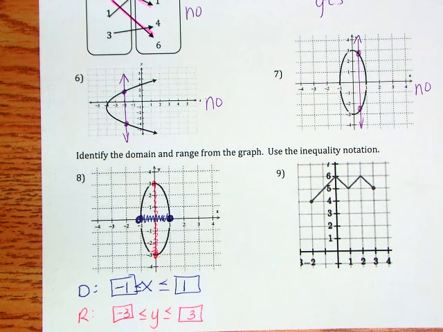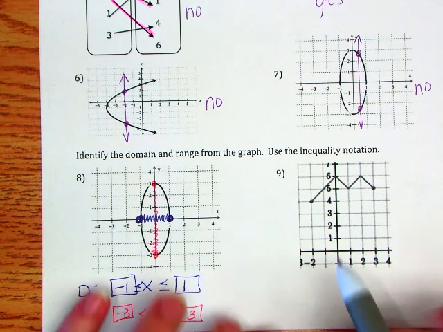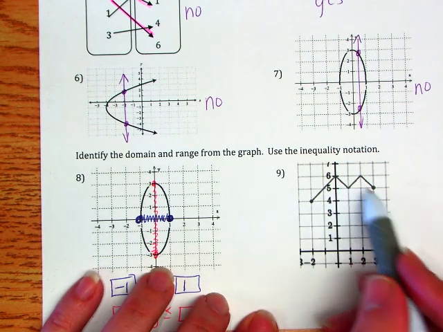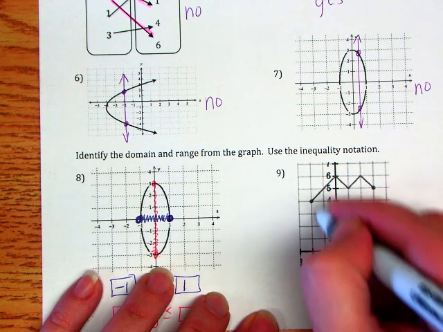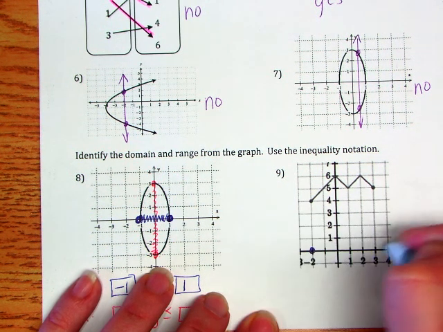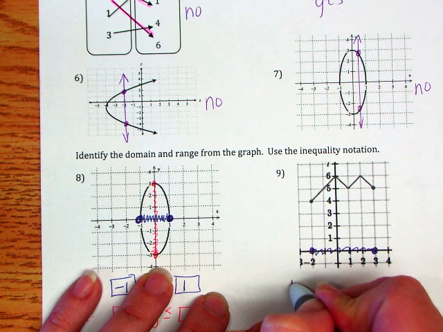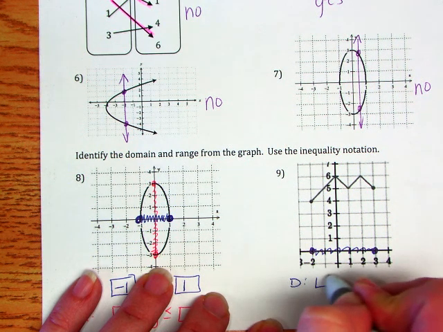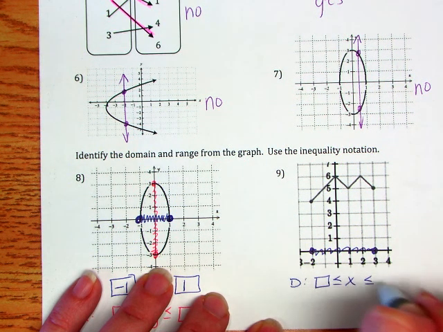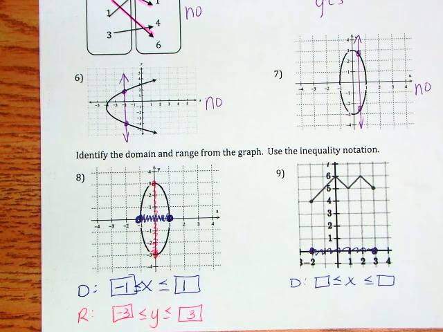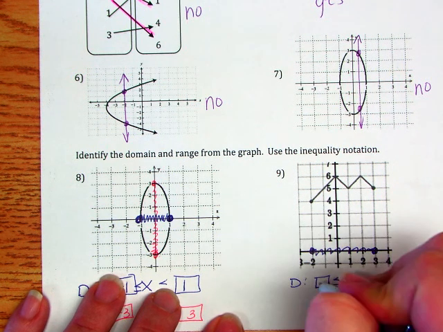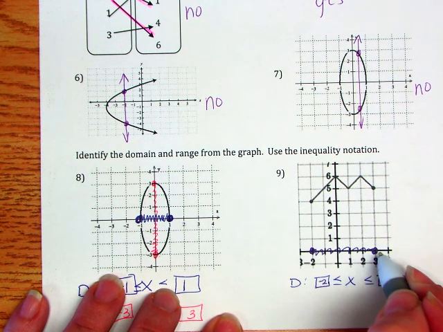Lastly, in number 9, same concept. How far left, how far right. Notice I have no arrowheads for infinities. So down on my axis, between here and here, is my domain. So my domain is going to run here, which would be from -2 all the way over to 3.